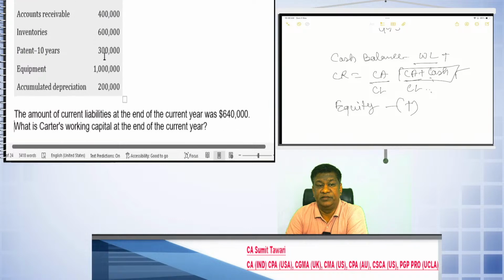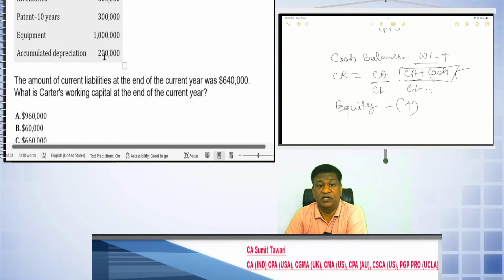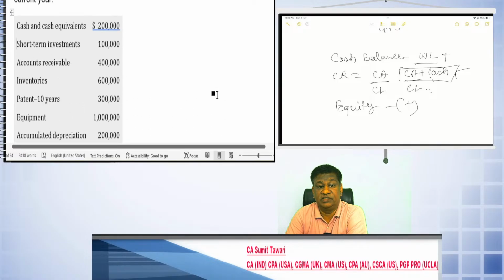Question number 49. So here they gave current liability, and here they gave the details of the assets.